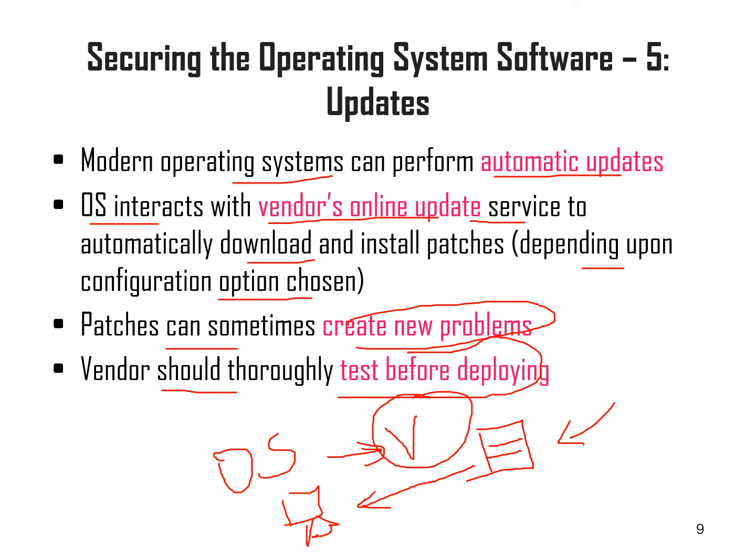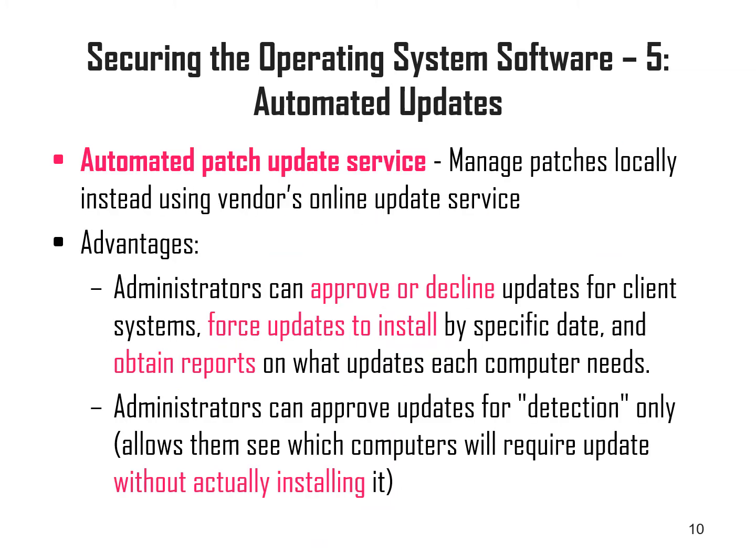So to avoid these problems, the patches creating problems, the vendor does testing in their own premises before deploying these online patches. There is a service called automated patch service. It manages patches locally instead of using the vendor's online update service. What is the procedure here?